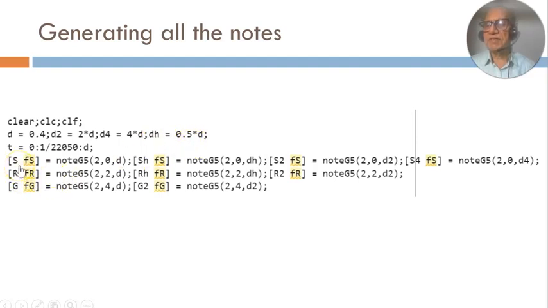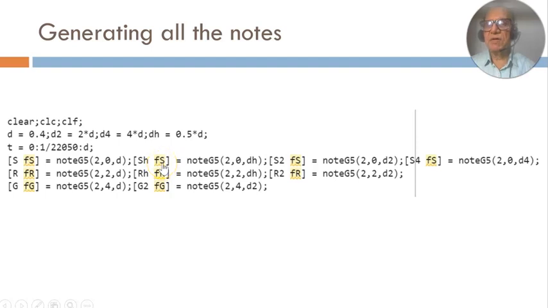For example, for the first one, you generate shadaj of 1 matra, so you provide only D here, and 2 and 0 of course specify that it is the shadaj, and Fs is the returned frequency. Then you generate SH by using DH. Remember, DH was 0.5 D. Although the duration is halved, the frequency remains the same.